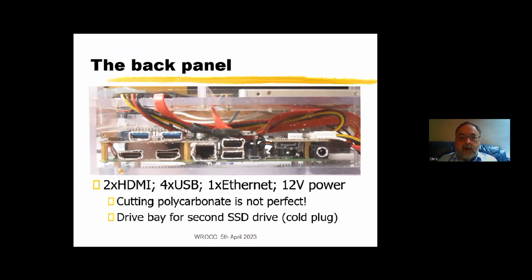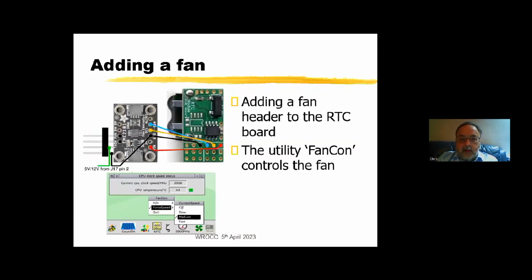And you can see that there's a drive bay for a second drive, which you can plug in with the machine turned off and use it to move between machines, because I've got a similar arrangement on the titanium that I put together. So the first thing I wanted to do was to add a fan.